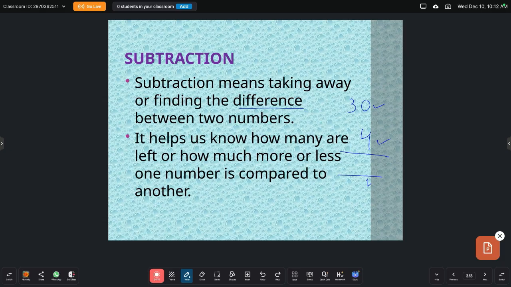We have to tell how many students are present in the class. So for this, we have to subtract 4, the students who are absent, from the number of students in the class. Okay? So let us subtract 4 from 30.